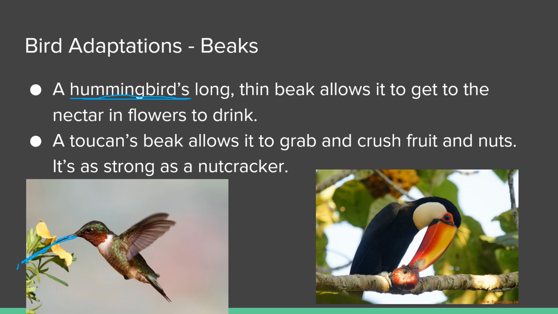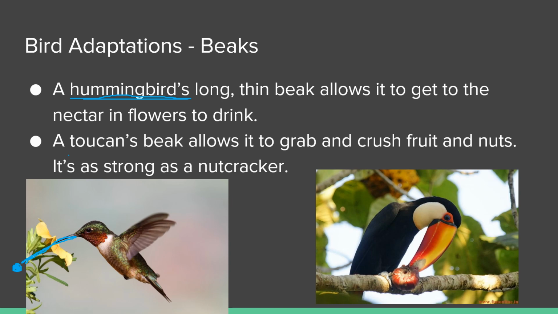The nectar is located towards the base of the flower, not the top part where the petals are, but the very back, the center part. And in order for it to get all the way there, it needs that super long and skinny, straw-like beak to suck it up. Okay, that's the hummingbird's beak adaptation.